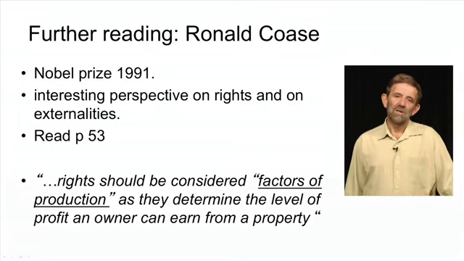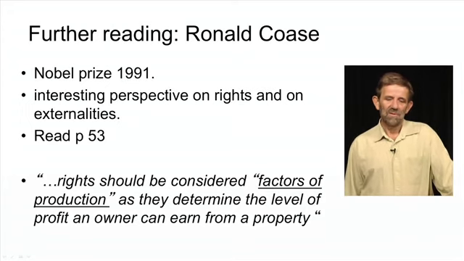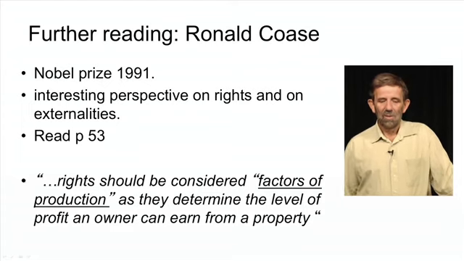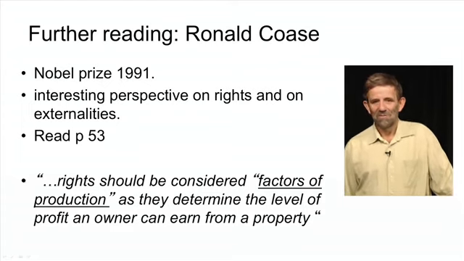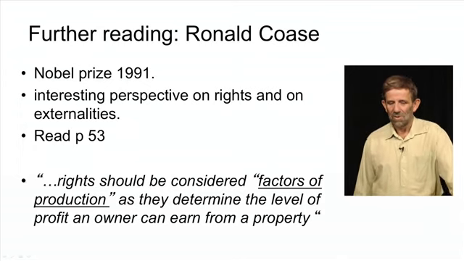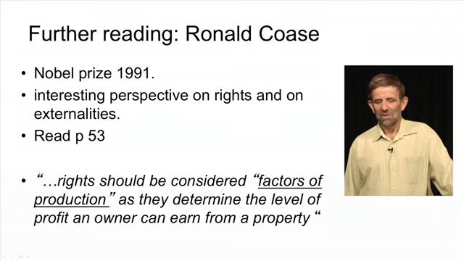But Ronald Coase has a very interesting and libertarian kind of perspective on this. He's an economist who got the Nobel Prize in 1991. Please read page 53 to have a look at this. Coase says that we should see property rights as factors of production.